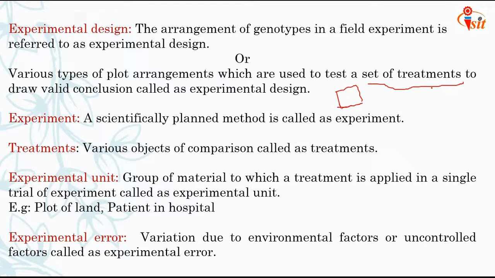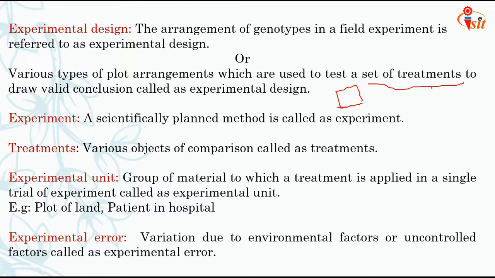For this purpose we make different arrangements of the plots to test the set of treatments to draw valid conclusions. This is called experimental design. In short, it is the various arrangement of the plots used to test the set of treatments to draw valid conclusions.